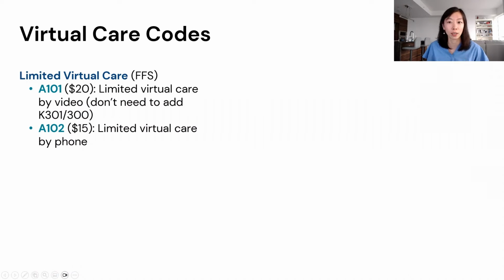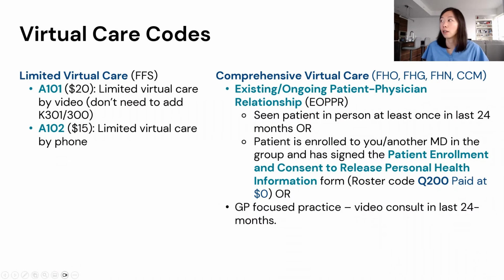Now, if you work in any of these particular models and you have rostered patients, with some exceptions, you have now existing and ongoing patient-physician relationship, or EOPPR. So all of the key terms are in bold and in blue. And this is an important term because what this means is that you have either seen this patient in person at least once in the last 2 years, or they are rostered to you and enrolled to you or another doctor in your group.